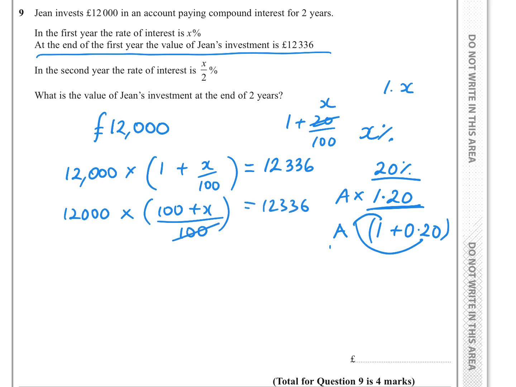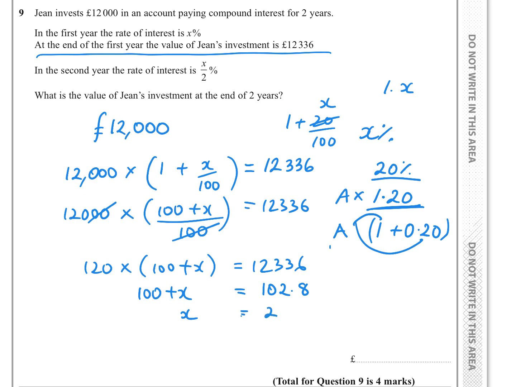We can divide this by 100 and this by 100, or cancel, and we'd have 120 times 100 plus x equals 12,336, which means 100 plus x would be, and now I will use the calculator or I'm bound to get complaints from people, so we'll have 12,336 divided by 120, that gives 102.8, so x will be 2.8, i.e. 2.8%.